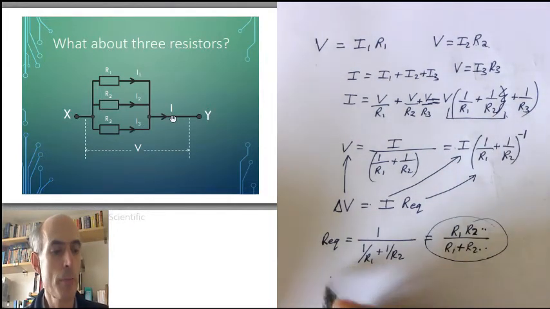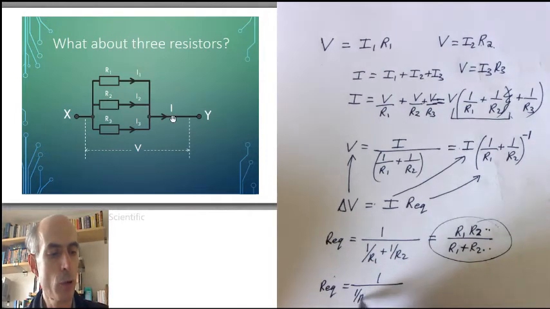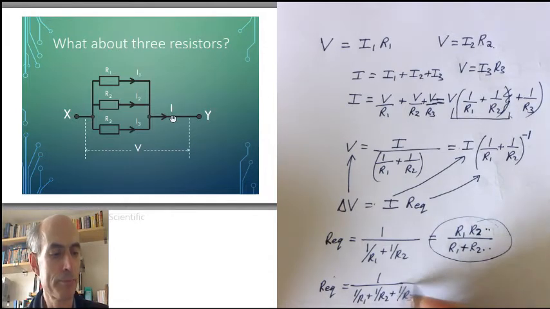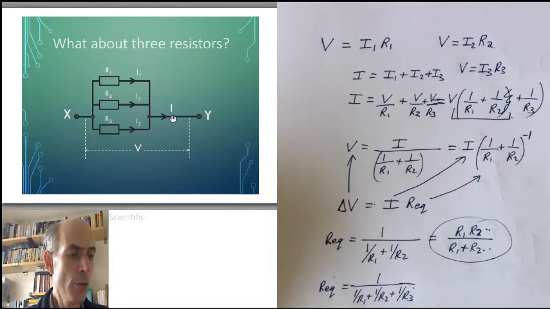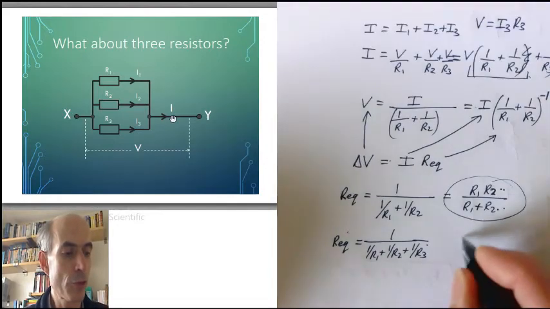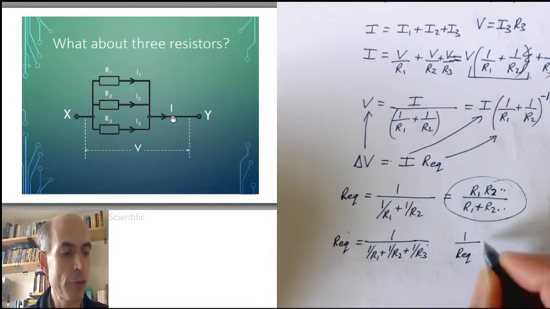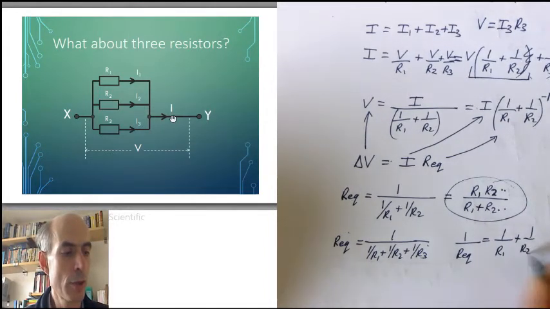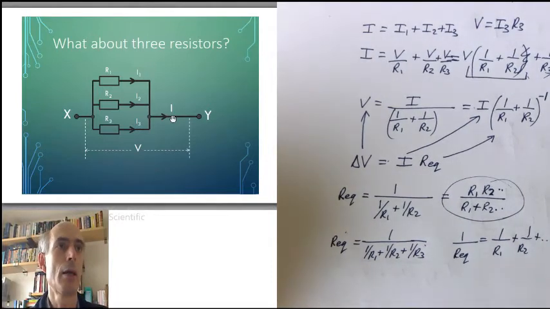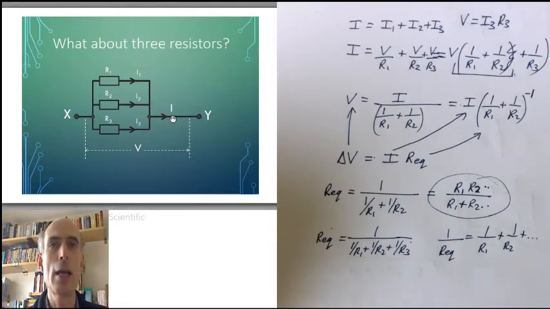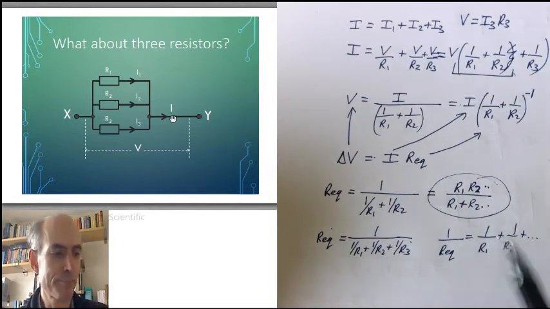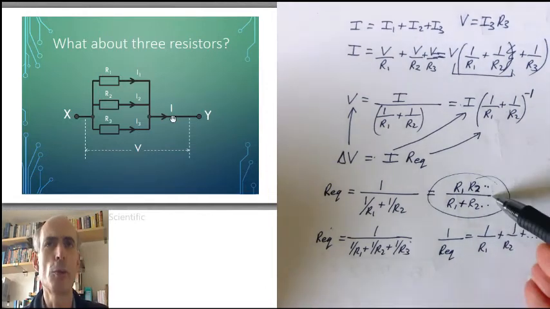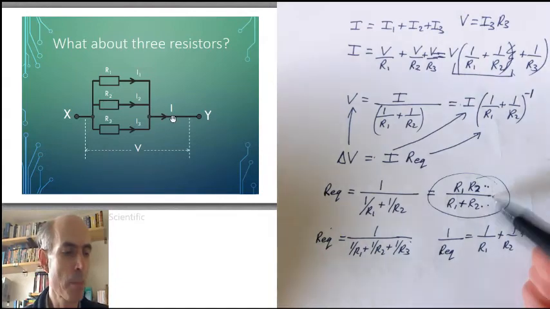Following that through, I would end up with the equivalent resistance is 1 over (1 over R1 plus 1 over R2 plus 1 over R3). Sometimes people write this as 1 over the equivalent resistance is 1 over R1 plus 1 over R2 plus and so on. That's fine too. Any one of these forms will work fine, except that one, which only works when you've got two resistors in parallel.